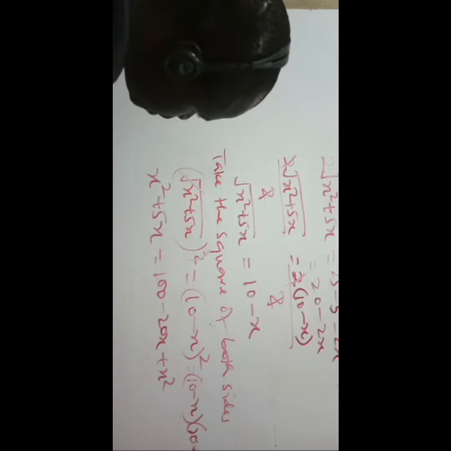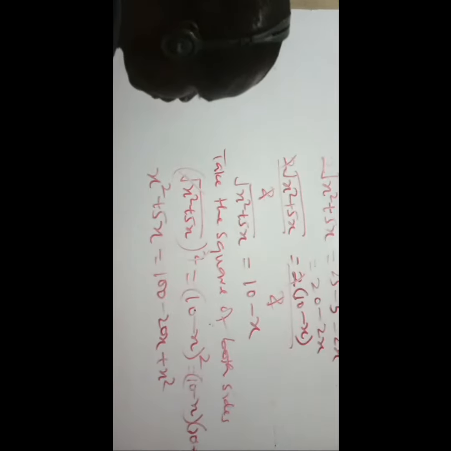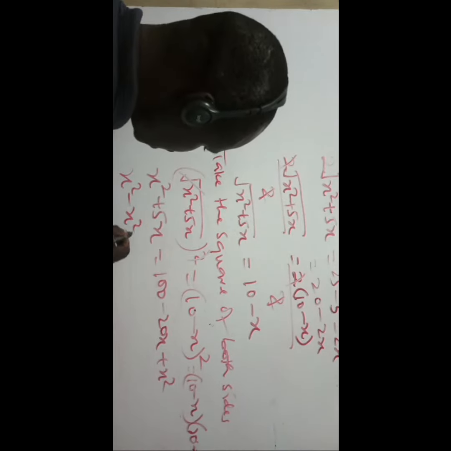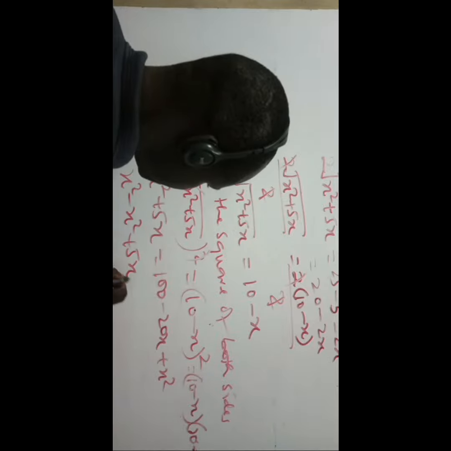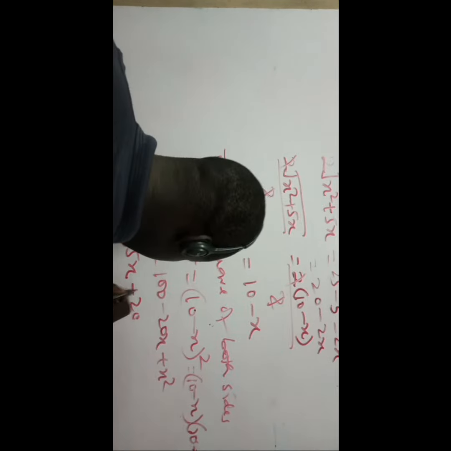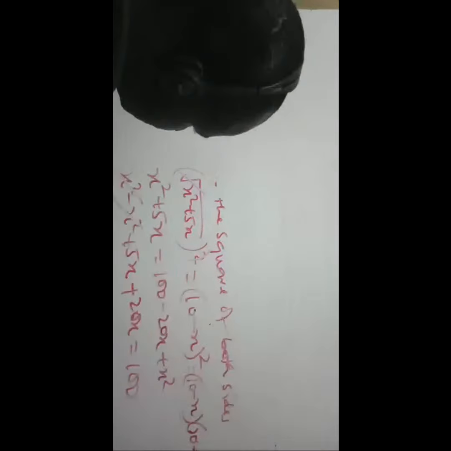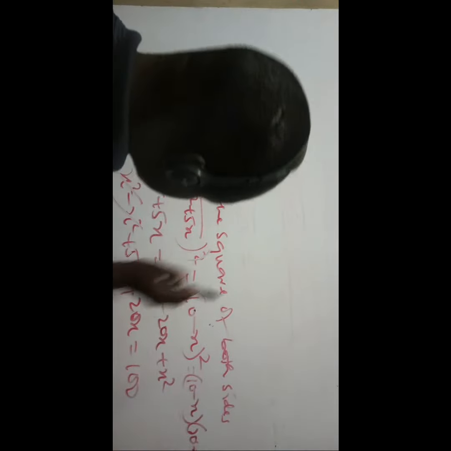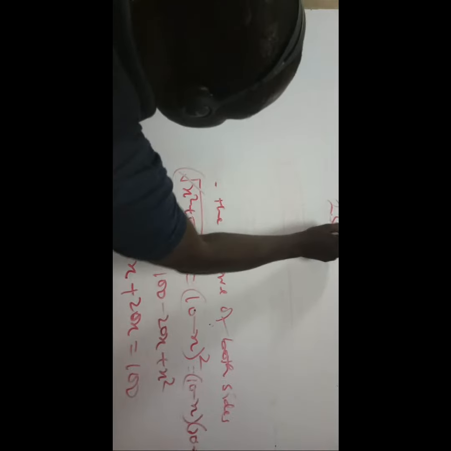That's what we have. So if I decide to bring everything from there now, we know that we have x squared here minus x squared. If this should come in, I have plus 5x here minus 20x, that will be plus 20x, and then 100 here, because I can see that this will take care of this, and that will take care of this. 5 plus 20, that's 25x is equal to 100.